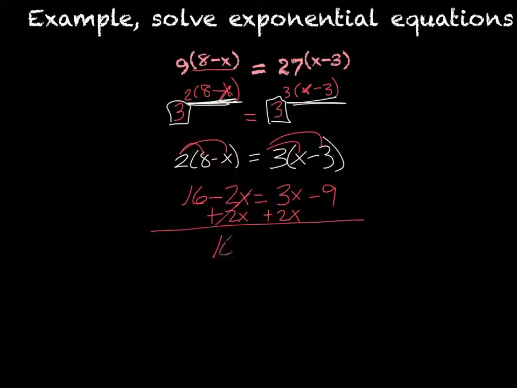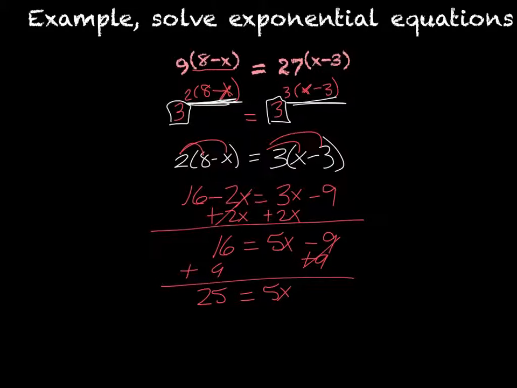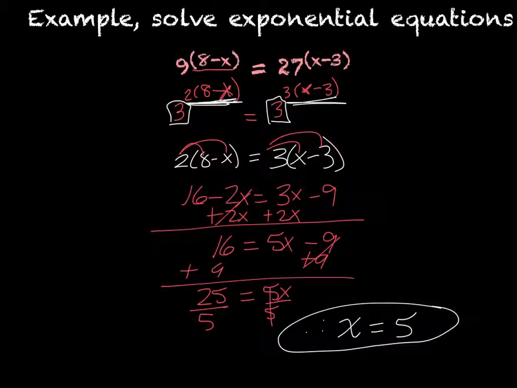Then I get 16 equals 5x minus 9. Add the 9. 25 equals 5x. So that means that x equals 5. And that is your final answer. And then if you plug it in to check your work, you should get x equals 5.